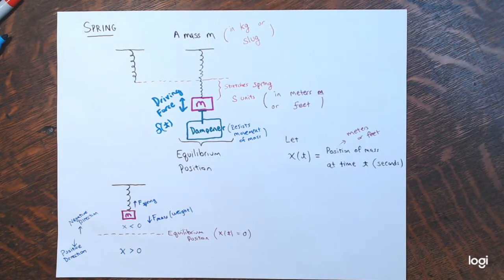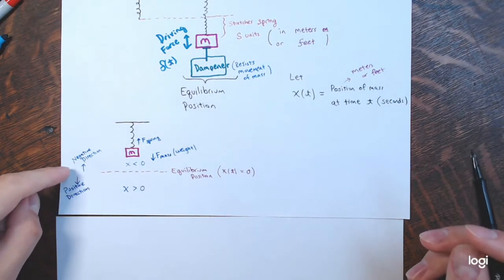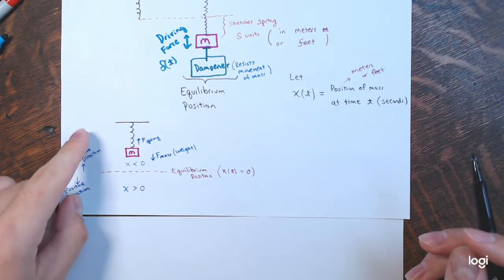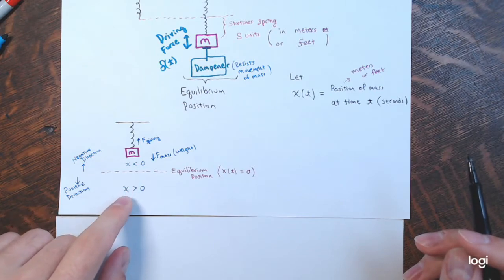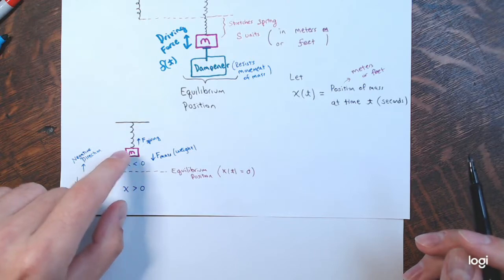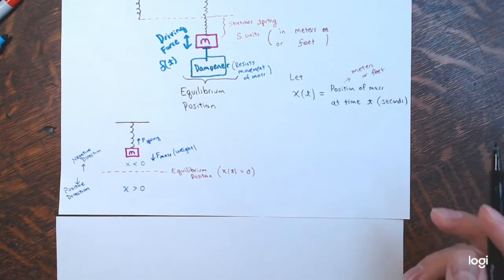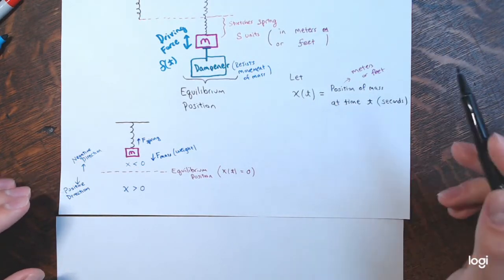And as before in the previous couple videos, the positive direction will be considered going down, the negative direction will be considered going up in an upward motion. So any position below the equilibrium position will be positive. Any position above the equilibrium position will be considered negative, where x of t represents the position of the mass at time t.